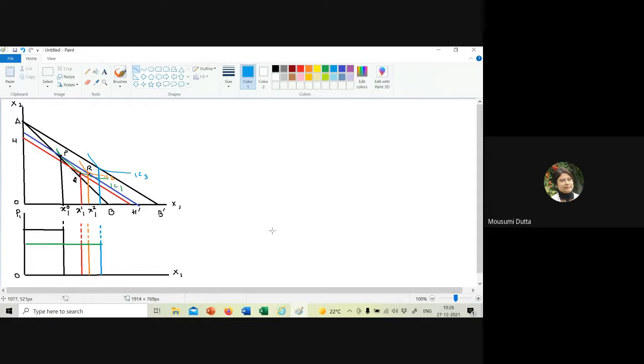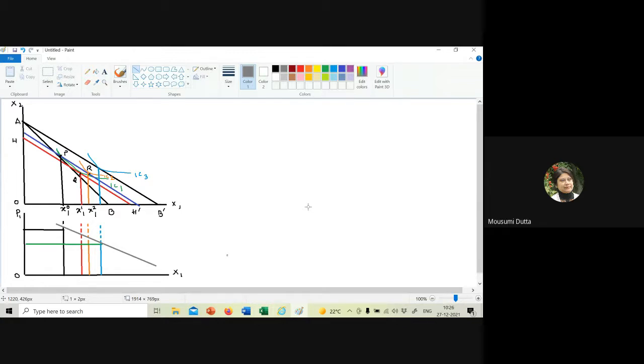Okay. So first, let me draw the ordinary demand curve. This is the ordinary demand curve because it is based on total effect of relative price change.